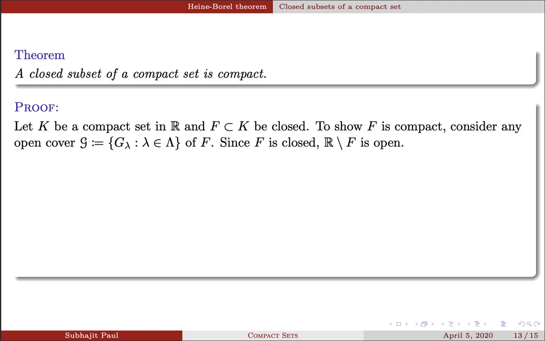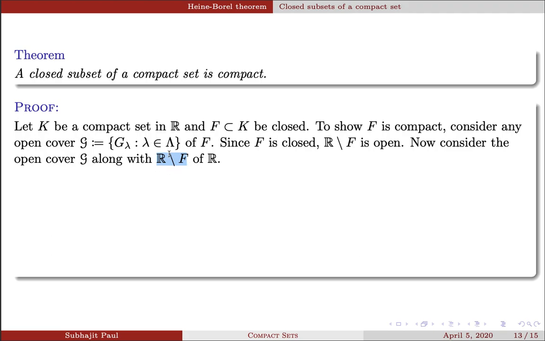Now, since F is closed, the complement of F in R, that is R minus F, will be open. Now consider the open cover script G along with R minus F. That means you take all these open sets G lambda which make up the cover script G, and the complement of F, which is an open set.